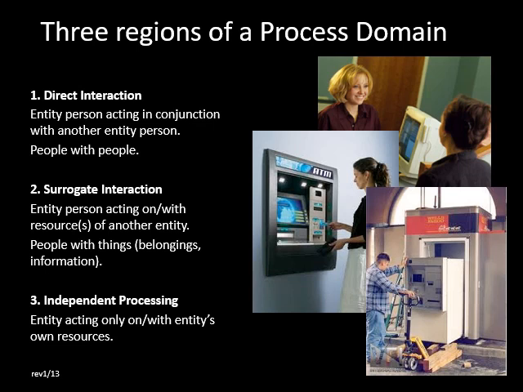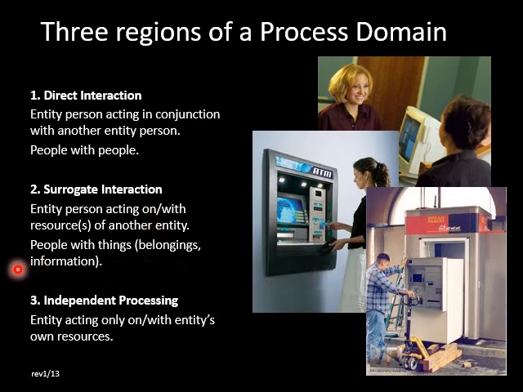So the people have been removed from the interaction, one person has, and the other person is acting on the resources of another. So in this example, the customer is interacting with the resources of the bank to gain money. So this is surrogate interaction, and there is no bank teller, there is no cashier.